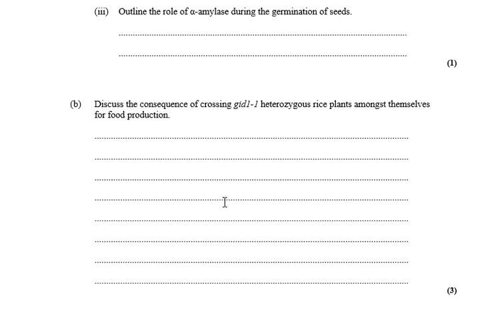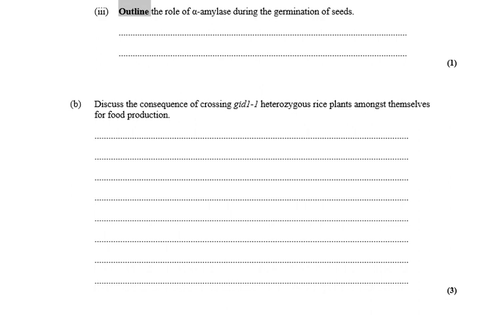Right, next question. Outline the role of alpha amylase during the germination of seeds. Now again, that word outline, give a brief account or summary of the role of amylase during the germination of seeds. Okay, so this might be something hopefully you might remember from GCSE.